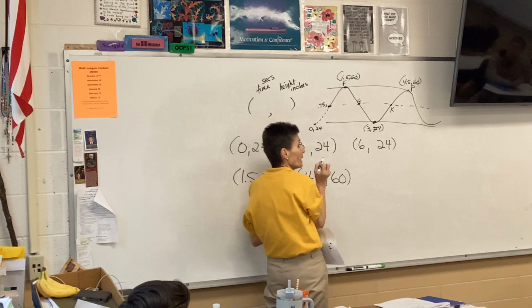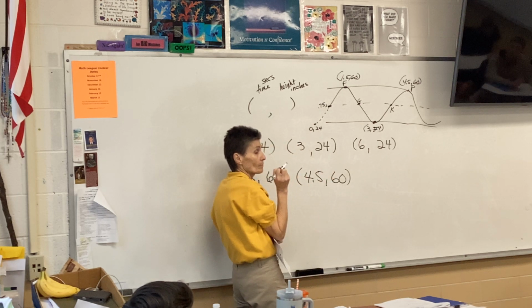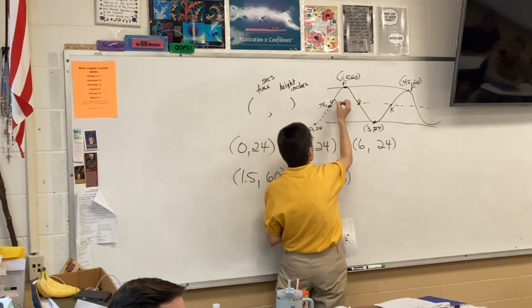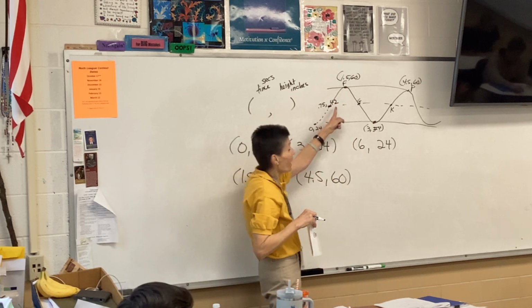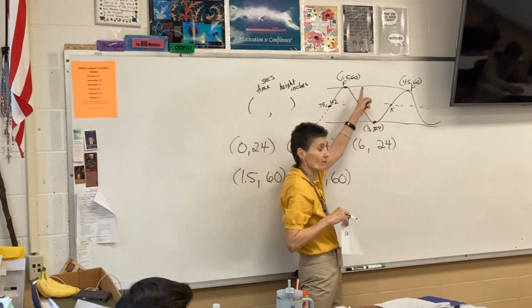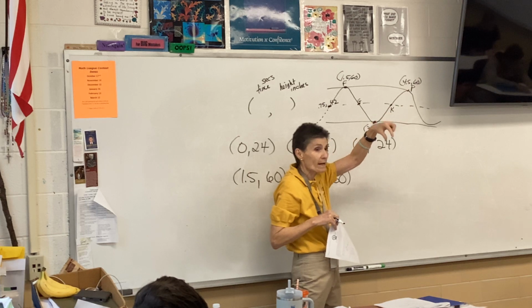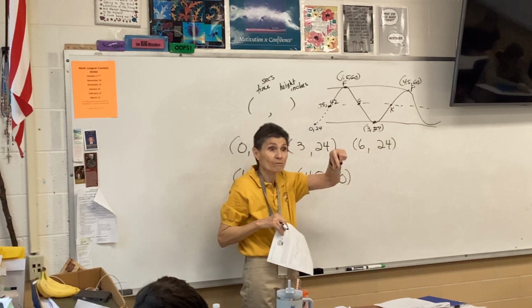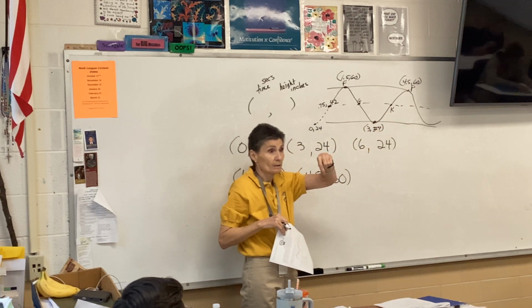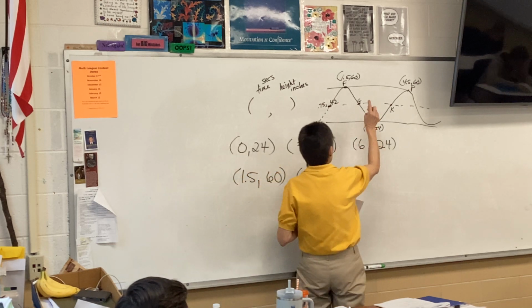Oh, not 18, that doesn't really make sense. 42. Guys, don't we need to be halfway between 24 and 60? And how do we find the halfway? How do we find the midpoint? We average. So we add them and divide by 2. Perfect.